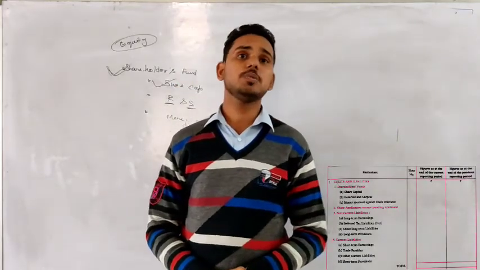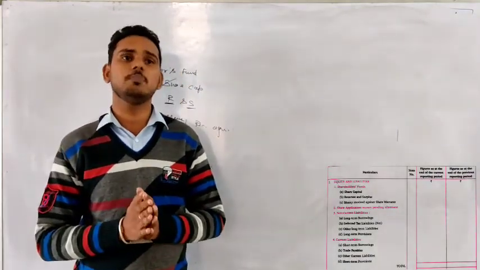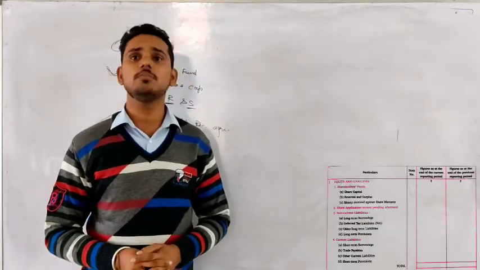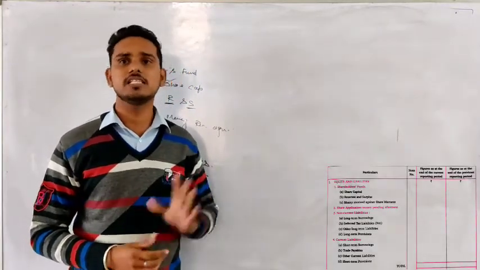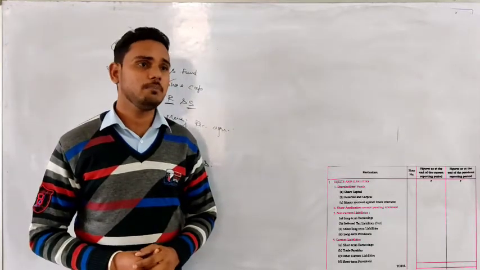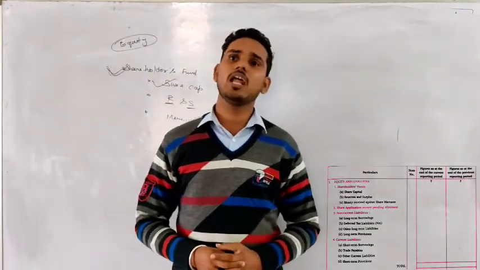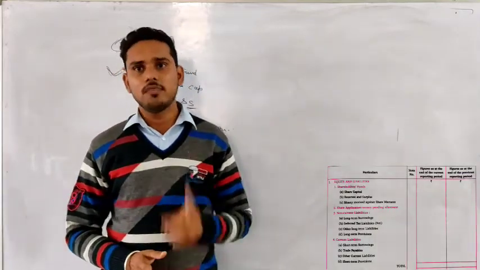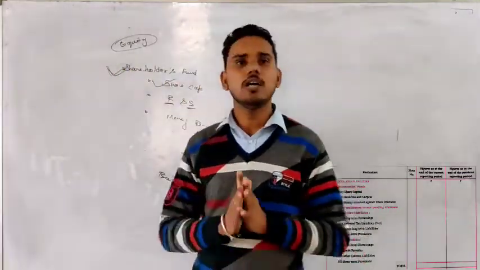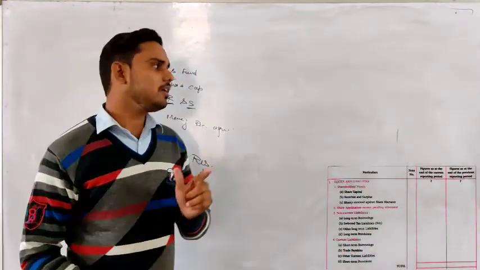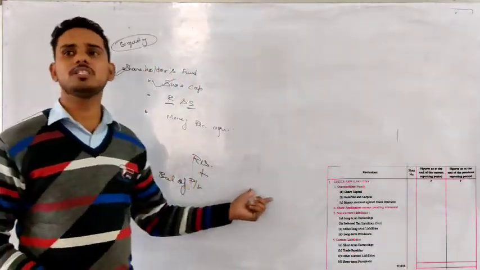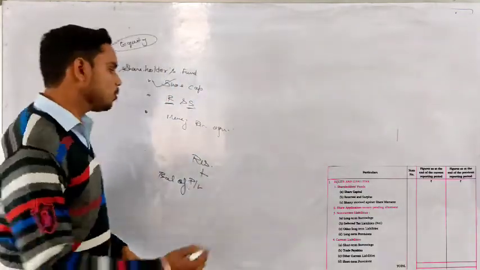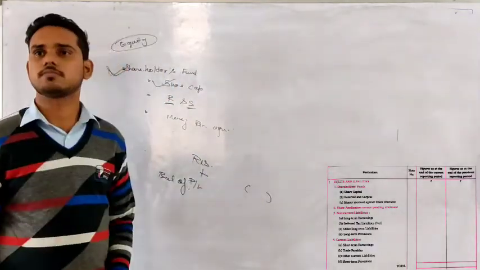Now in case of partnership, if we had any profit in the P&L, we wrote it on the liability side, and if we had any loss in the P&L, we wrote it on the asset side. But in case of a company, it doesn't matter whether you have a profit or a loss in the P&L, that will always be recorded on the liability side. If you have a profit, that will be shown as a positive figure, but if you have a loss, that will be shown as a negative figure. Right?